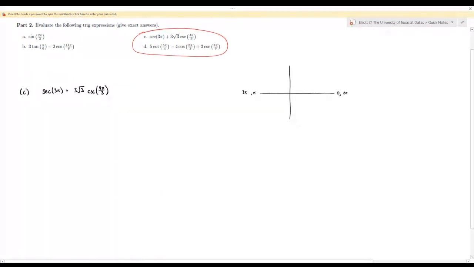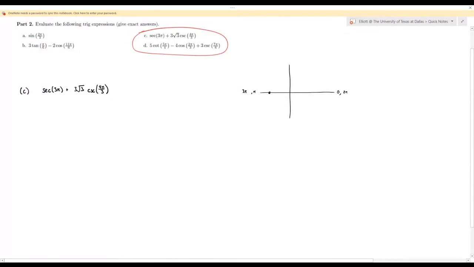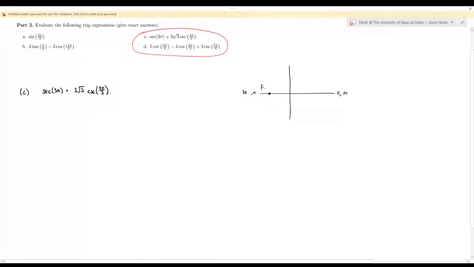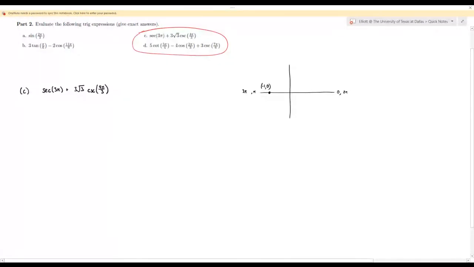So then thinking about the unit circle, this point here at that angle of 3 pi would have the x component -1, y component 0. And I know that secant is 1 over cosine, right? And I know that cosine is the x coordinate.